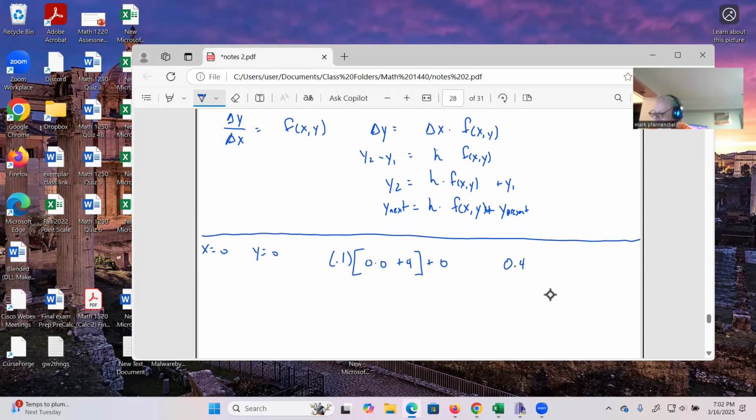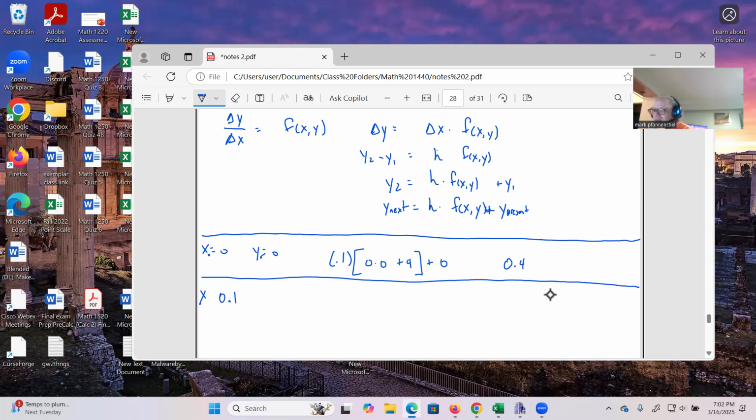All right, now we advance the clock, we turn the crank one more time. So my x started off at 0. In order to get my x1, my x1 is going to be x0 plus the delta x. So it's going to be 0 plus 0.1, and we just get 0.1 here.